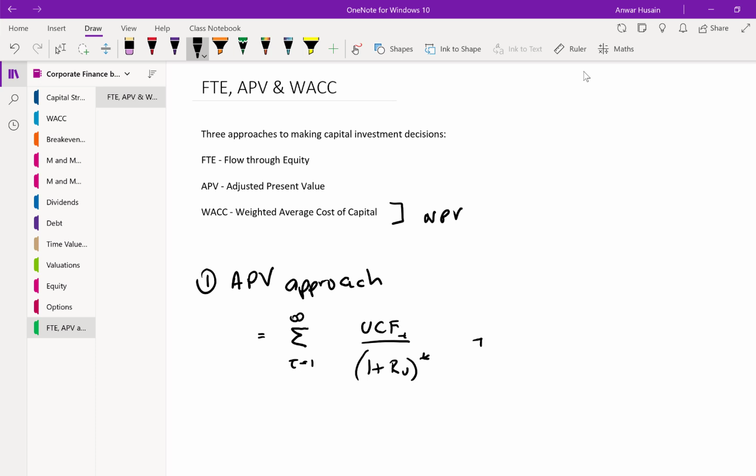So this is going to give you all of the positive cash flows. You add to that the effects of debt, and you subtract the initial investment. And that will give you the APV. And just like the NPV approach, if this is greater than 0, then you proceed.